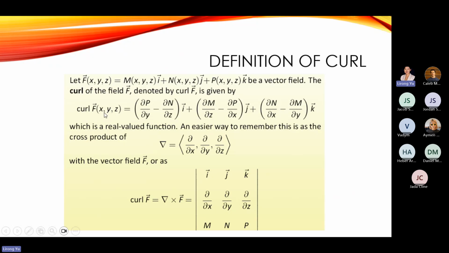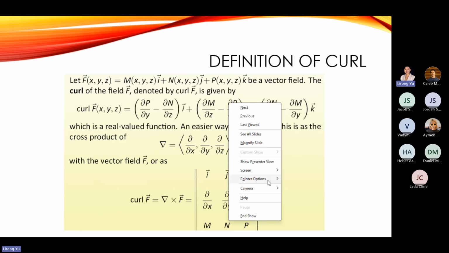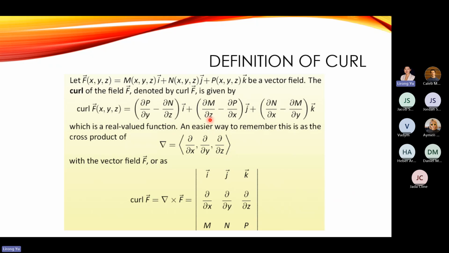The curl of vector F is this vector. The first component is dP/dy minus dN/dz. The second component is dM/dz minus dP/dx. It involves partial derivatives of the components of F. The curl vector's last component is dN/dx minus dM/dy.